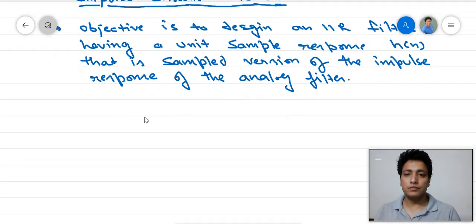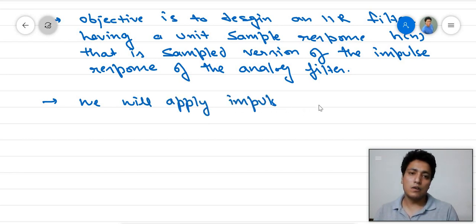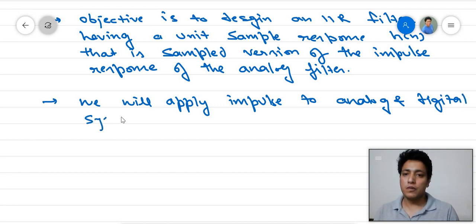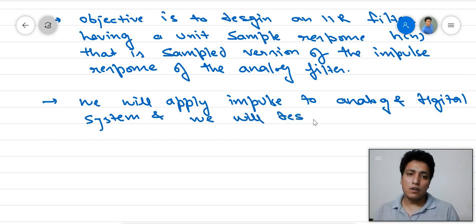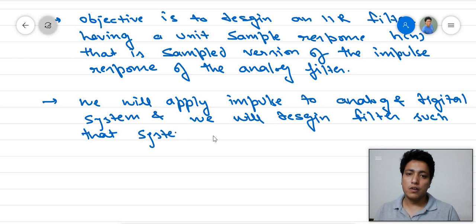The point is, we will apply an impulse to the analog and digital system, and we will design the filter such that the system response is invariant.